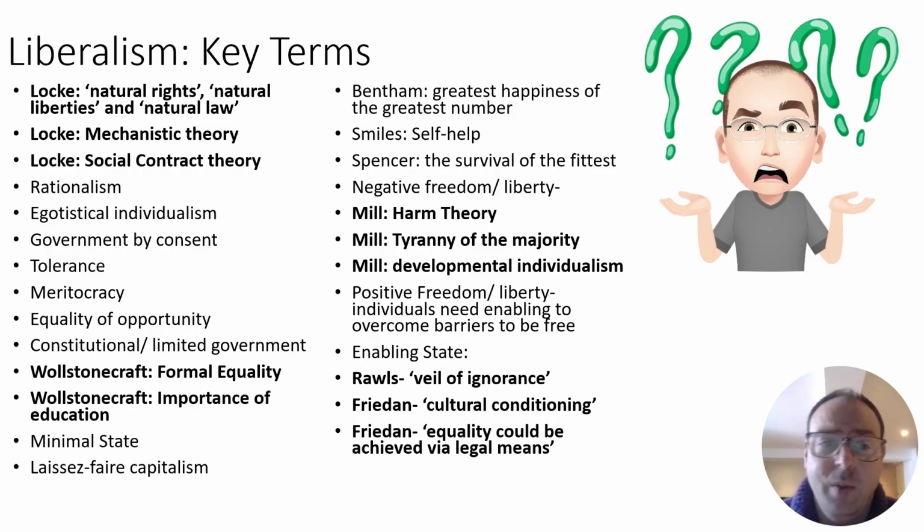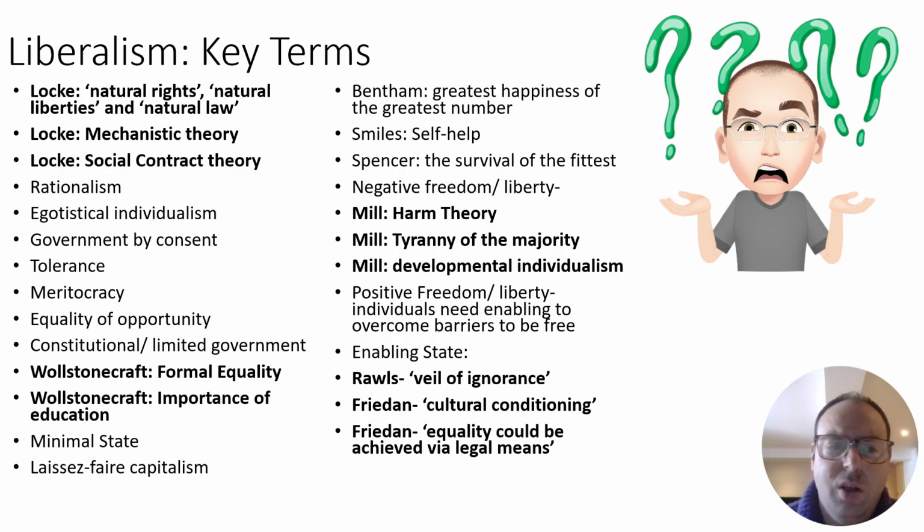So remember, liberalism is based on the ideas of freedom, of individualism, of rationality, and of tolerance. They tolerate different groups. They believe in meritocracy, so people should rise on their merit, not on, for example, the ideas of birthright, which classical liberals would strongly reject and would continue to be rejected by modern liberals.